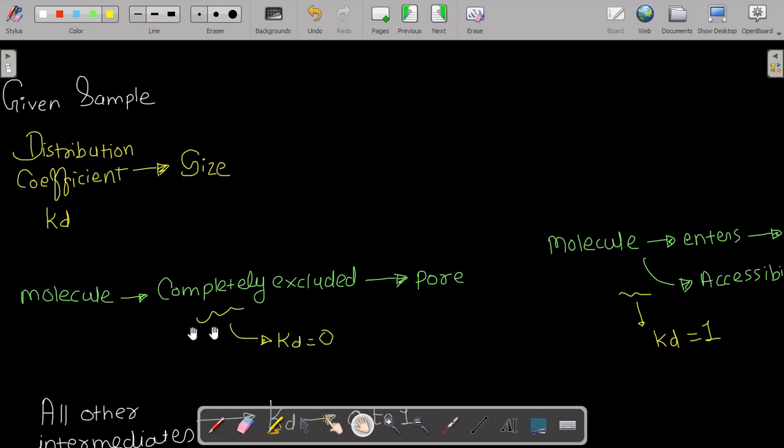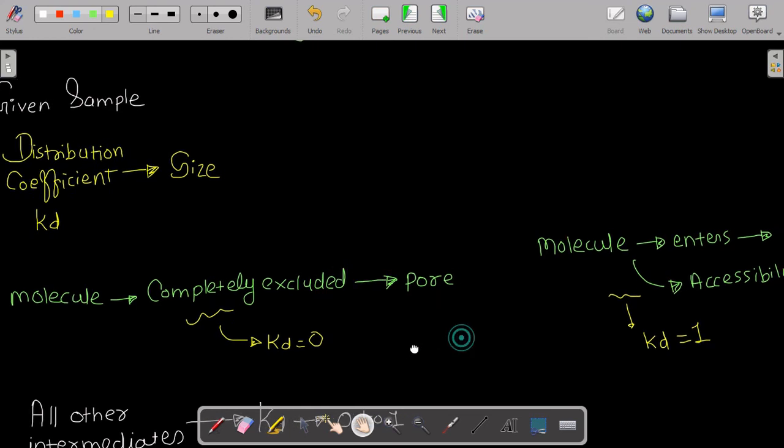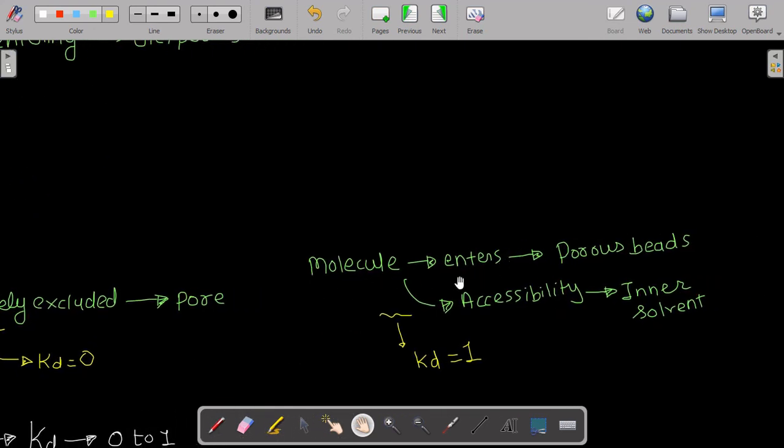But if the molecule is able to enter the porous bead and has accessibility to the inner solvent, then Kd for that molecule is 1.